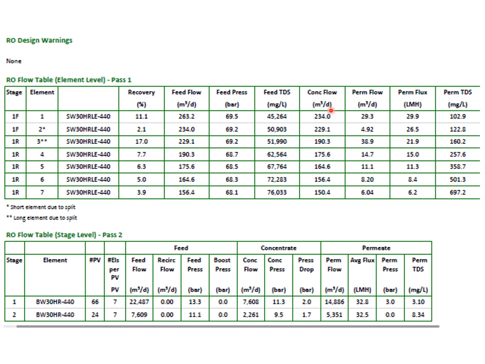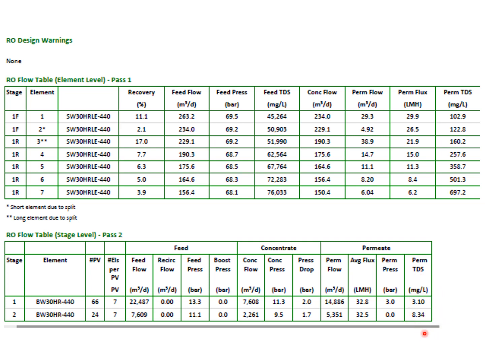So all the information for the TDS concentration can be found from this RO flow element level. Also second pass, as I mentioned, second pass can be also exactly the same, how much feed water quality is coming, and then how much permeate quality we can achieve.